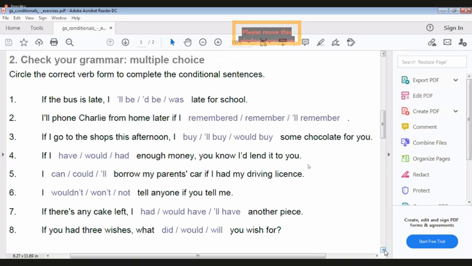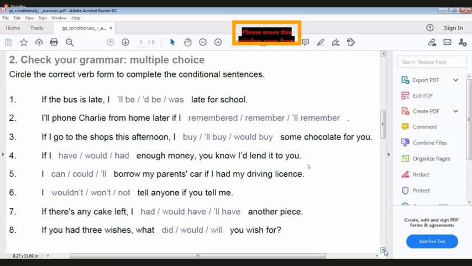Now in the second sentence, what is the if clause? If I remember. Remembered is past.